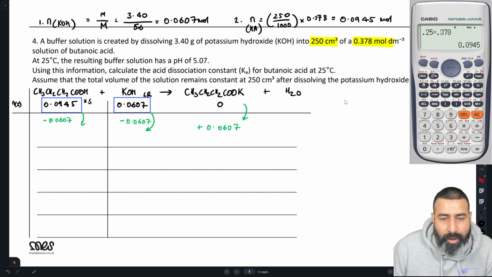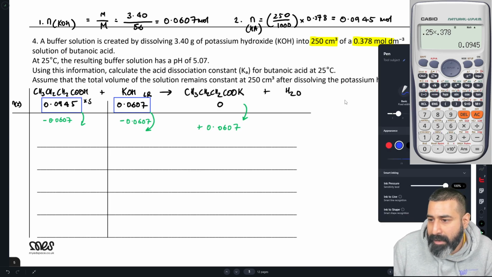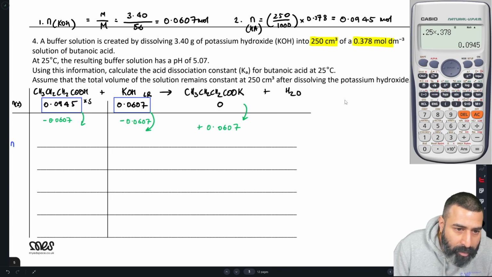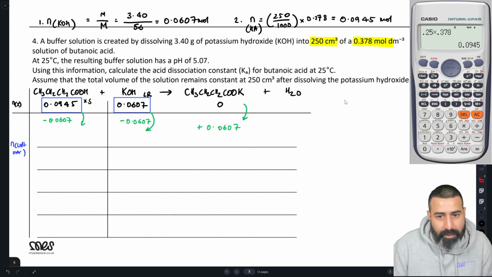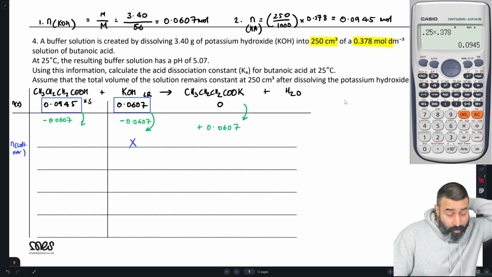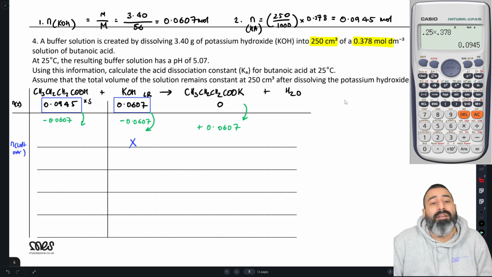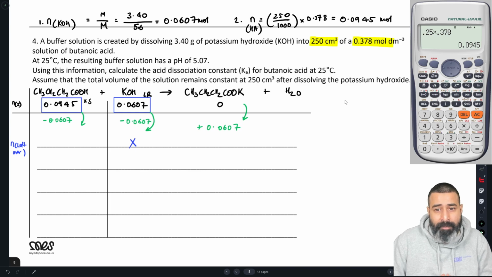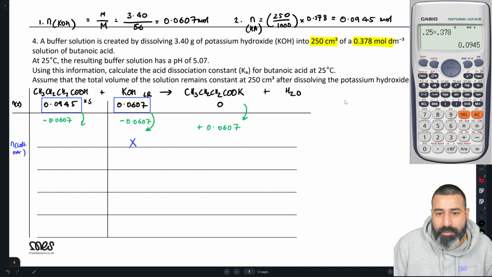Okay, so we need a new column heading, and that is number of moles left over after they react. Well, I've got none of the KOH left, and because I've got no moles of the KOH left, I have excess acid left over. So remember, now I have to work off Ka. I can't use the Kw expression.